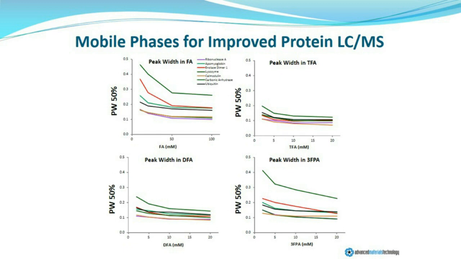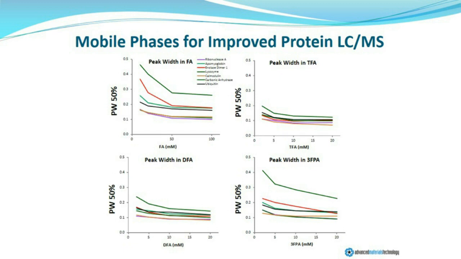In this case, looking at the peak width as a function of concentration for each of these acids. For formic acid, we need to be around 50 millimolar or above in order to get good peak shape. For TFA, 5 millimolar and above seems adequate. Same thing, roughly speaking, for difluoroacetic acid, whereas with 3-fluoropropionic acid, we need to be at 20 millimolar or above before we get to a plateau.